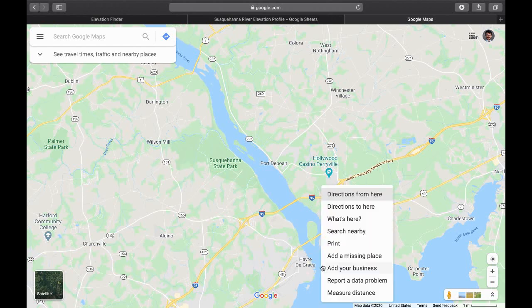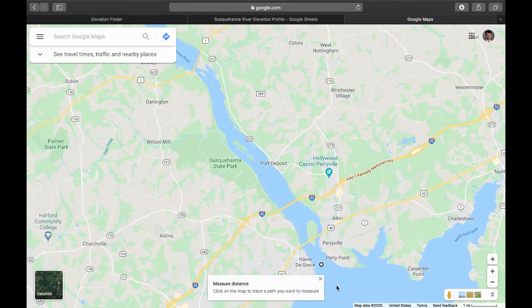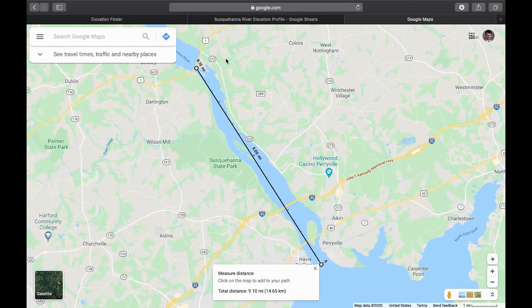But you can measure a distance. So if I measure a distance from there, I just need to go find the next point. And I'm going to go all the way to that road. So can you see how far that is? That is 9.1 miles from the mouth of the river to that bridge.